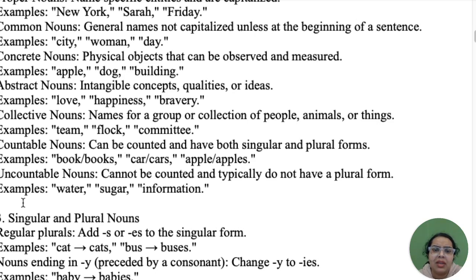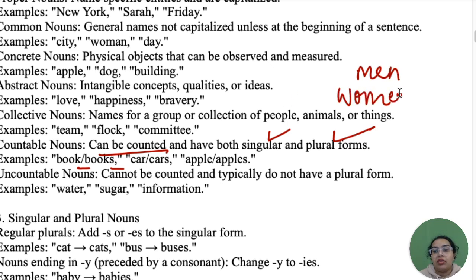Then we have countable and uncountable nouns. Okay? So when I say countable nouns, simple hai, count them, and since you can count them, they have singular and plural forms, right? So you have s, yes, or ies that you can add, books, then man into men, woman becomes women, like so. So we change the form.